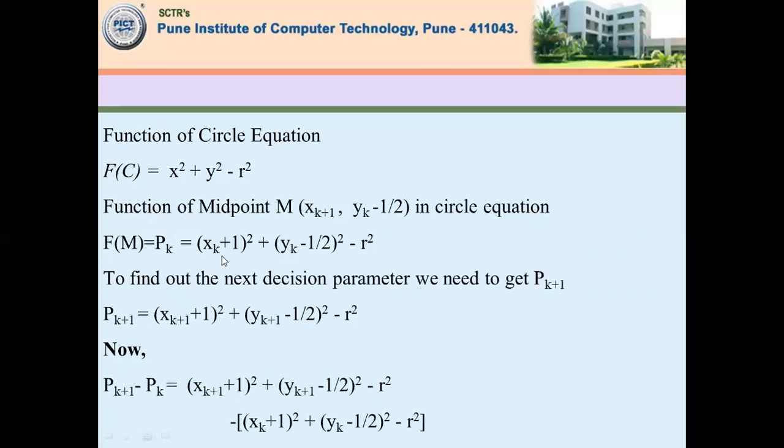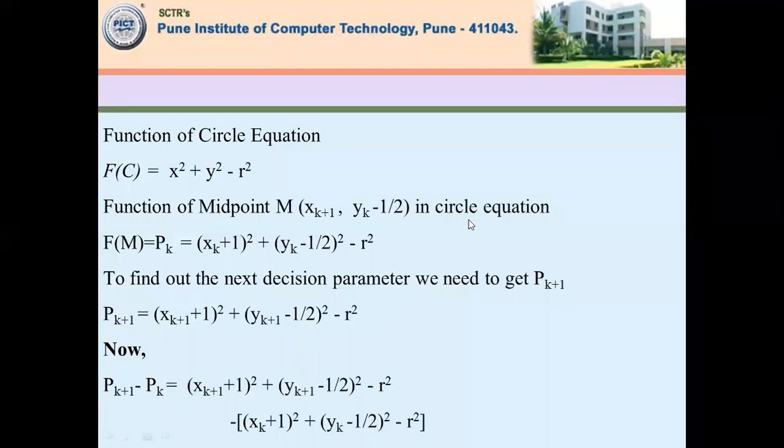The same you need to put over here, that is your decision parameter. With the help of the midpoint we are going to decide whether to choose the north pixel or the south pixel. So pk equals xk plus 1 square plus yk minus half square minus r square.